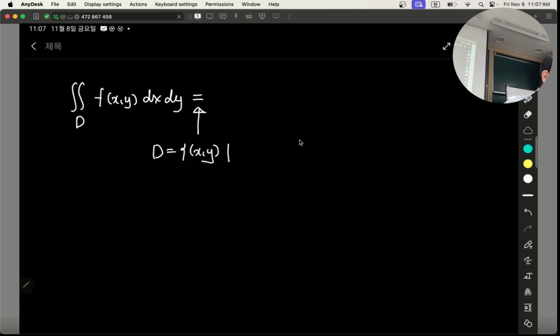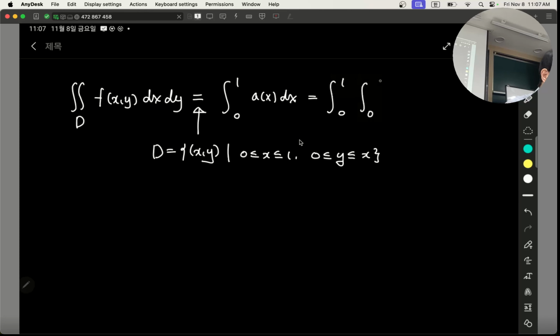I'm going to write it in this way. I'm going to integrate the area over the x-axis. That's my volume. What's the area? I have to integrate from 0 to x of my function over y. That's the first way of doing the integration.